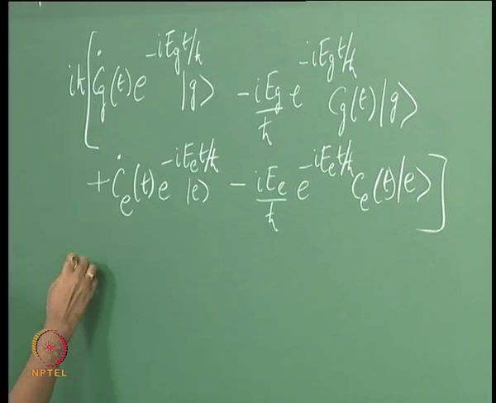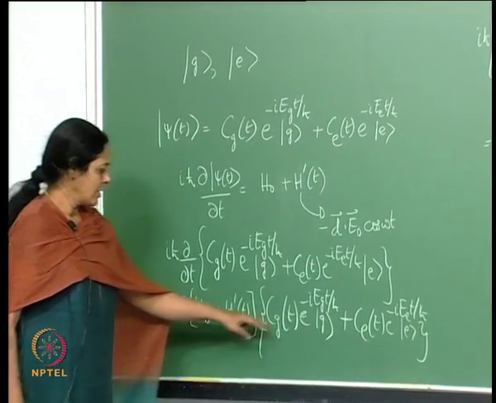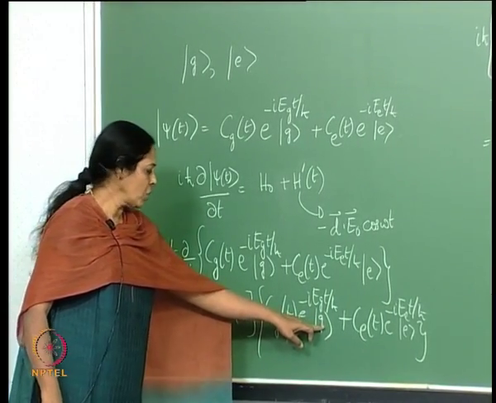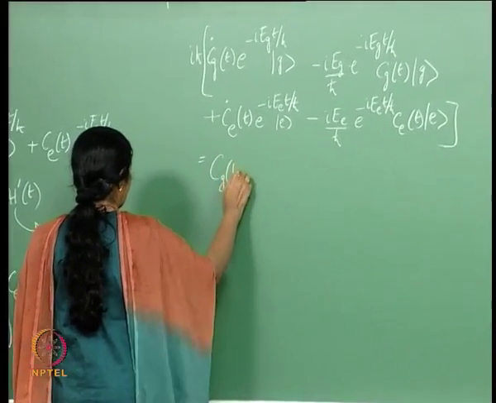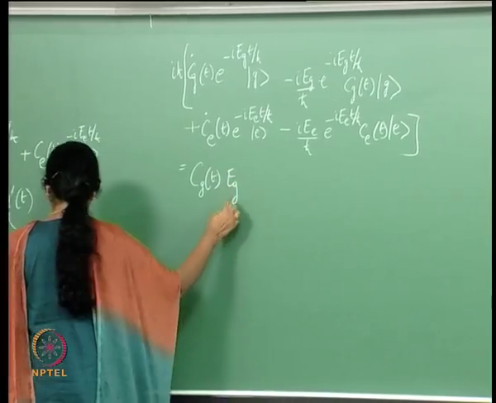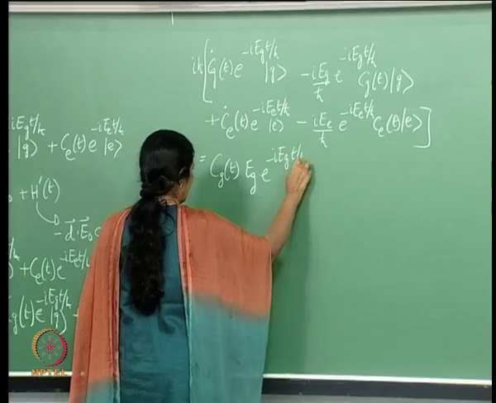Now this, first of all, H naught acting on ket g pulls out an E_g: C_g(t) E_g e^(-iE_g t/ħ) ket g.